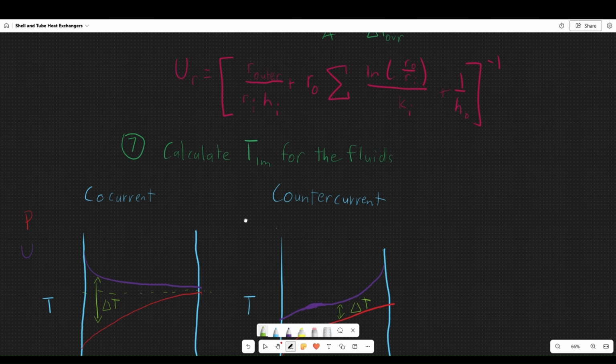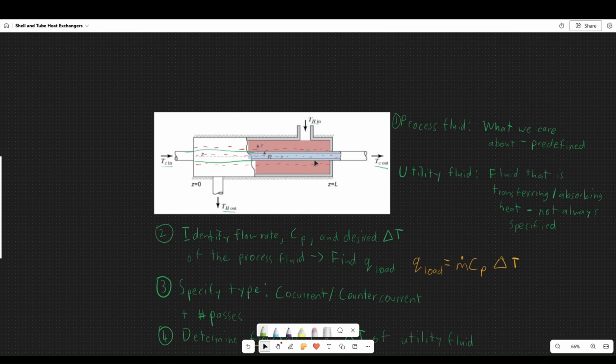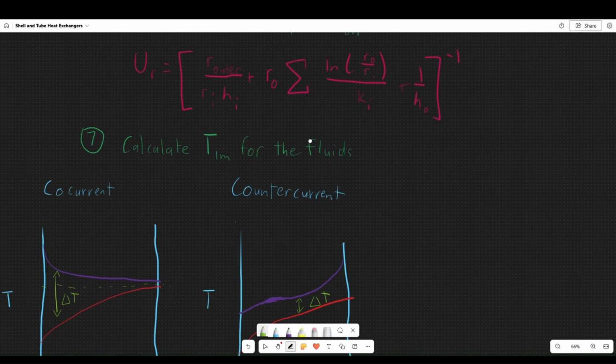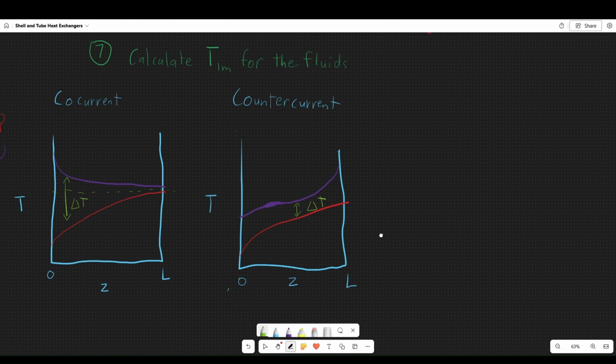But countercurrent is usually seen as better for the heat transfer. And this is just the drawing if you want to go back to why countercurrent is a little bit different than co-current.